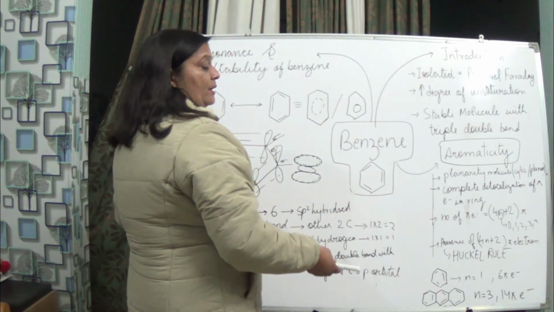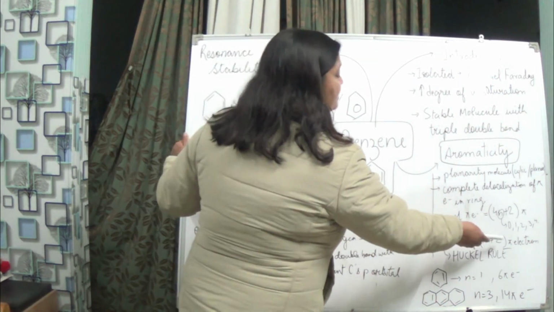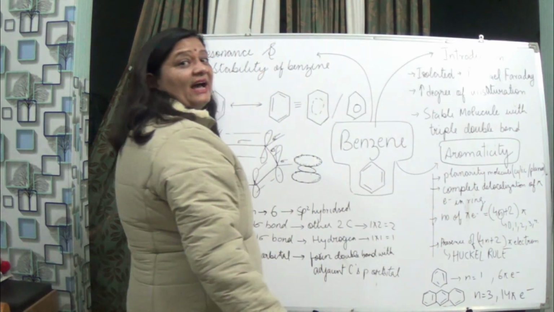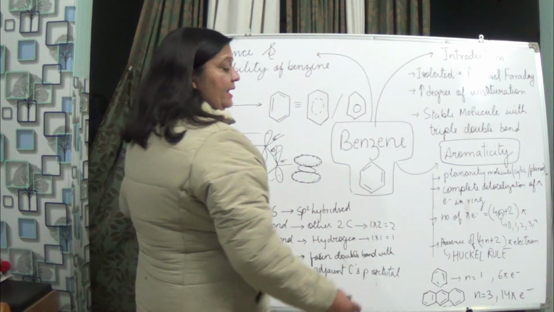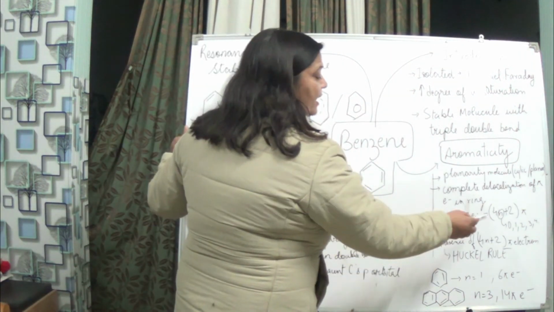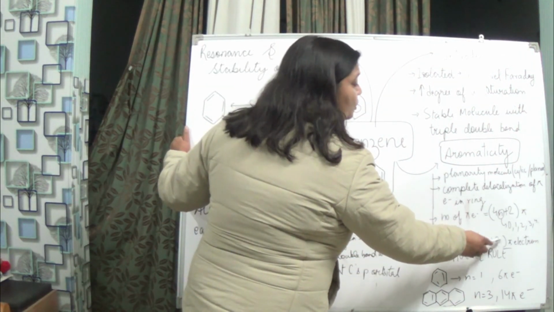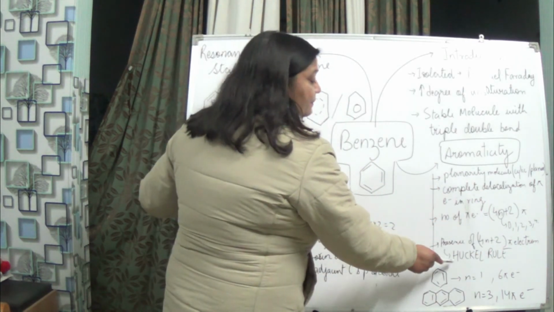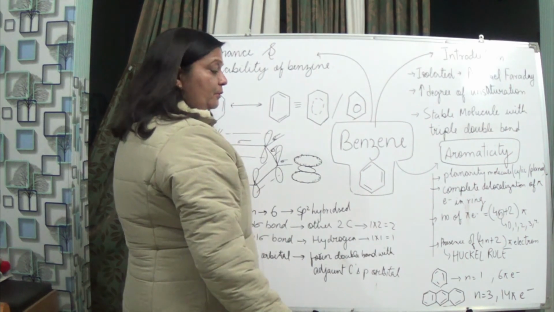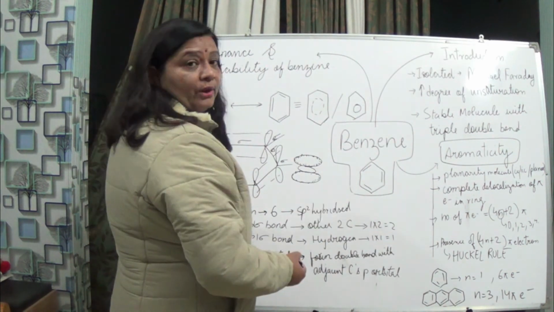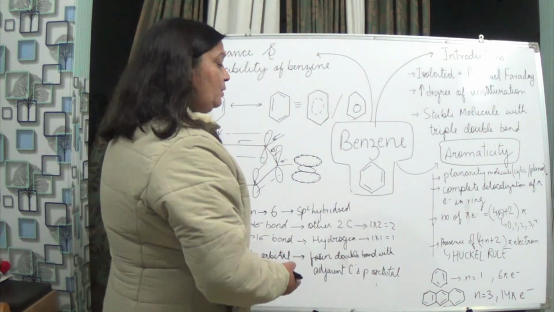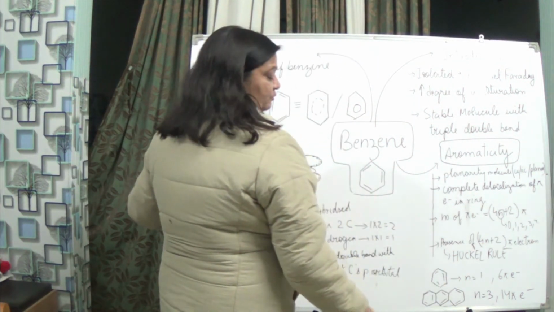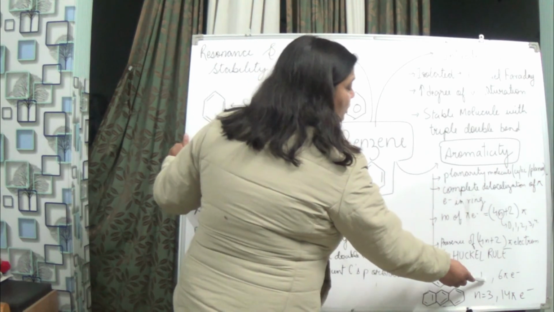The presence of 4n plus 2 pi electrons is said to be the Huckel rule. If there are 4n plus 2 pi electrons, it represents the Huckel rule, and they show aromaticity. For example, suppose we take one ring, n equal to 1.